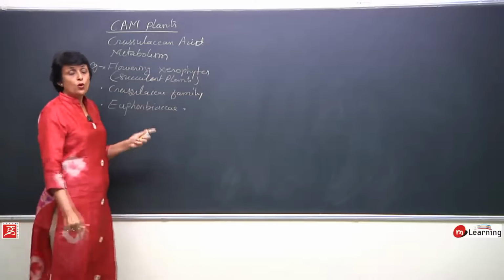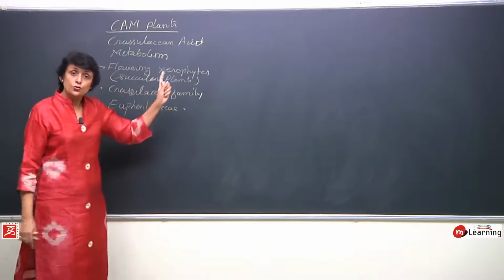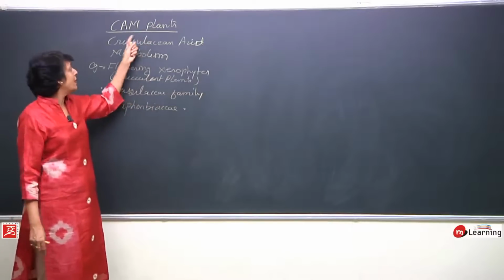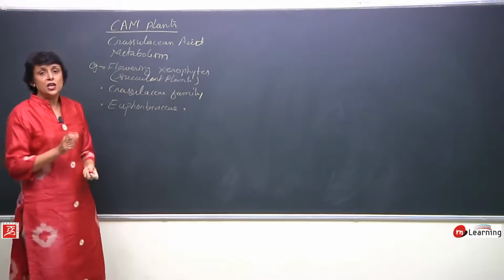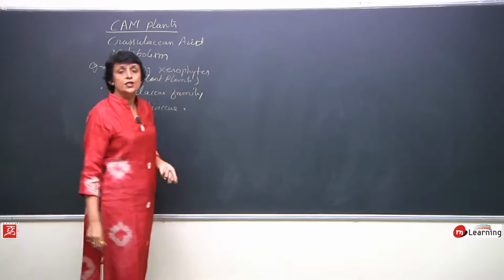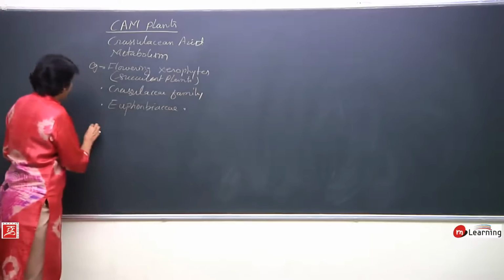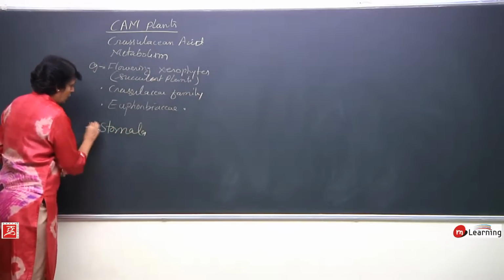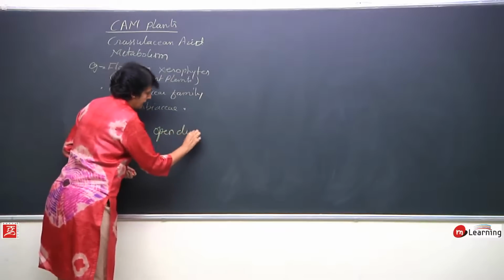Most of the members of Euphorbia and all Euphorbiaceae family, they show C4, but some members they show CAM metabolism or CAM type of pathway also. In this, the change is not the site, the change is the time. In them, the stomata open during night.